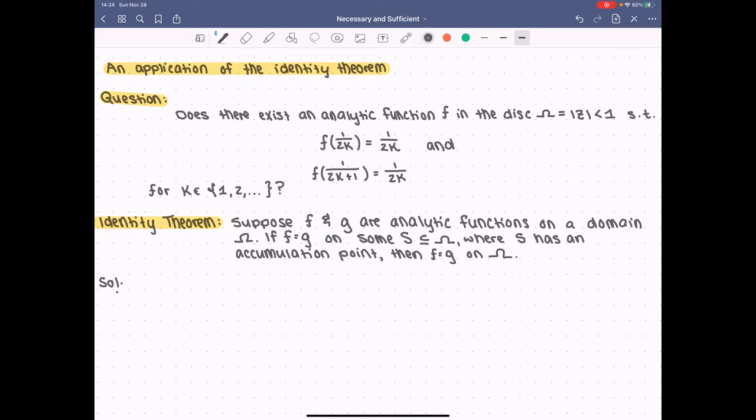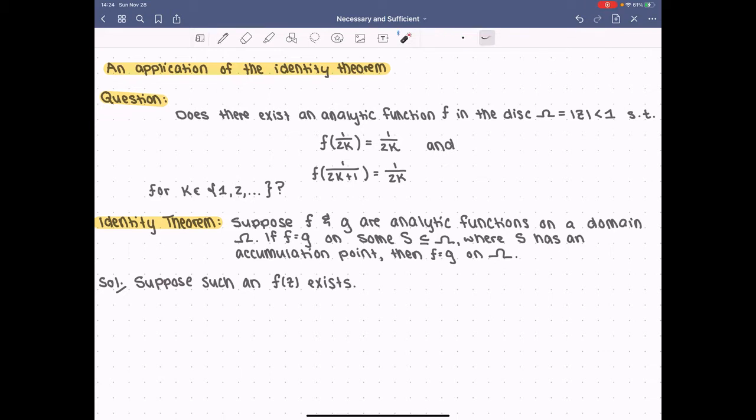So the way we're going to want to start this problem is let's suppose such a function exists. So suppose such f exists. And we want to use the identity theorem.